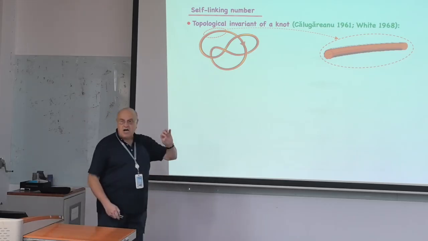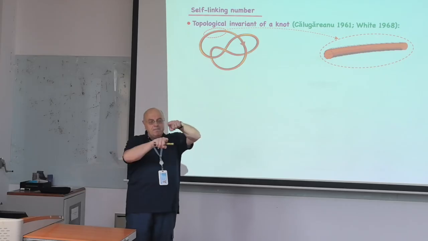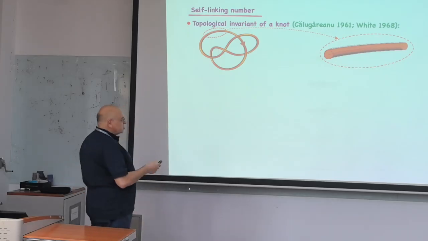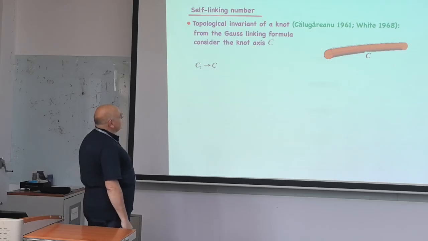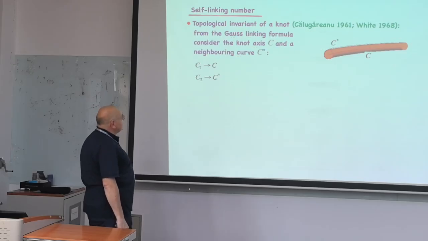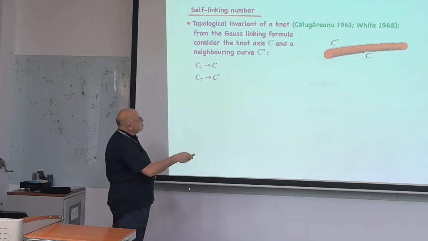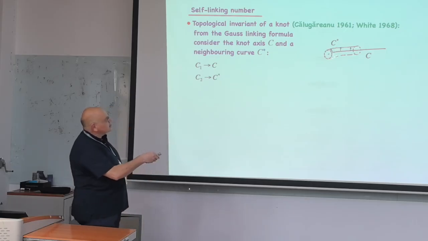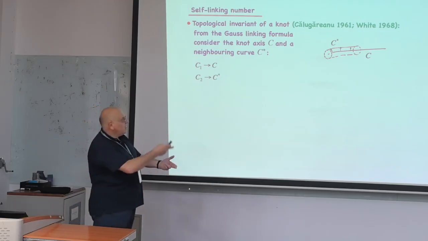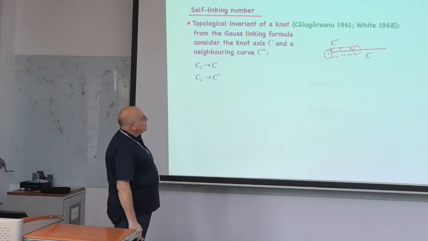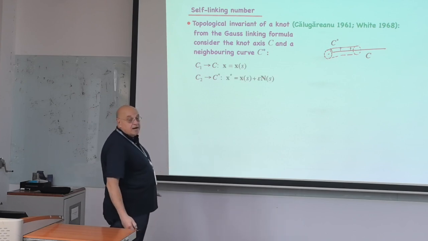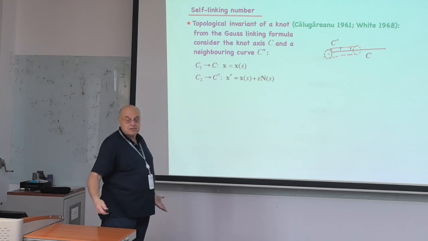And now we look at the knot as if it were made by two lines. These two lines give you a ribbon: the axis of the tube, and the second curve. The second curve is any curve nearby, and you pick these two curves and construct the linking number of Gauss.